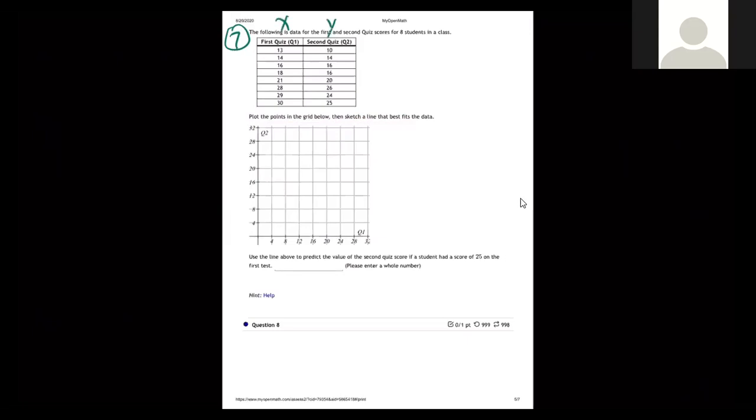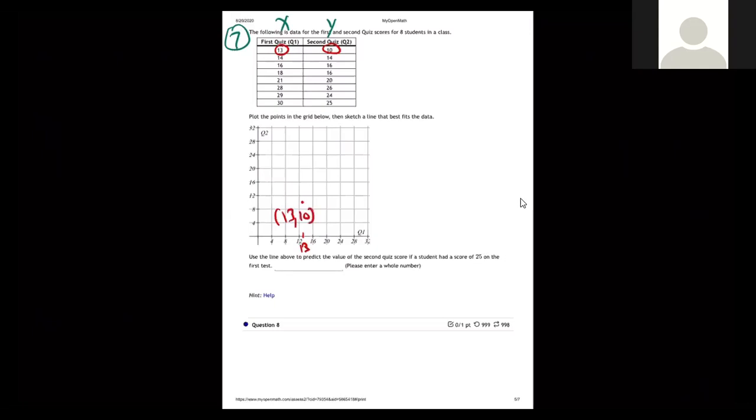Let's do the first one, 13, 10. So I go over 13, about right here, just past the 12, up 10, which is right here in the middle. So the dot is going to be right about there. Does that make sense how I found that?